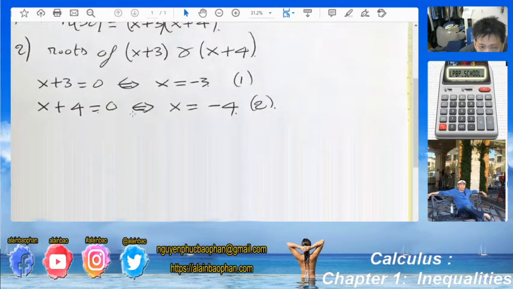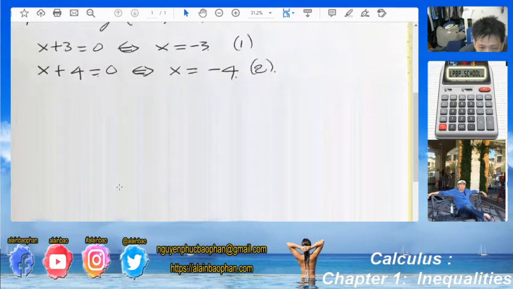Similarly with x plus 4, on the right hand side of minus 4 you have a positive number, that means plus sign, and on the left hand side it's a negative number, that means minus sign.